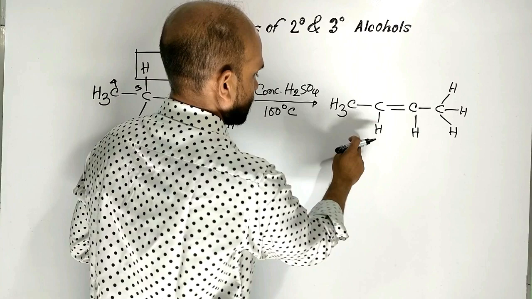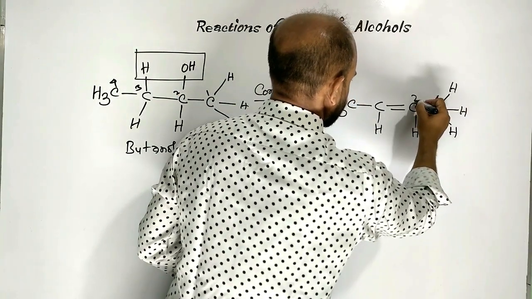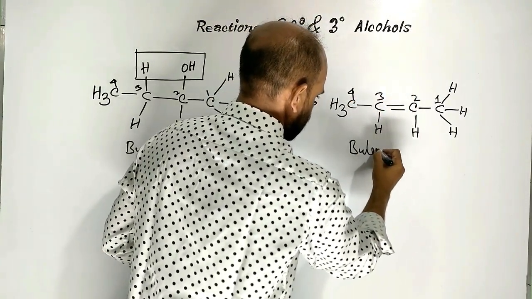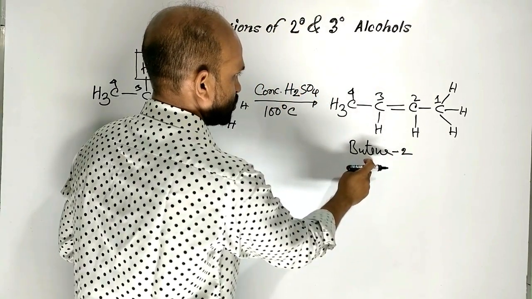This is butene 2 or 2-butene. 1, 2, 3, 4. Butene 2 or 2-butene.